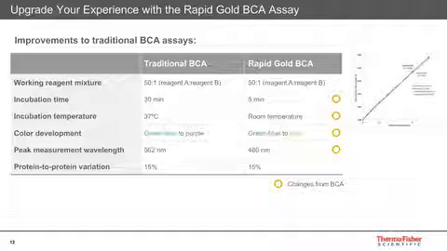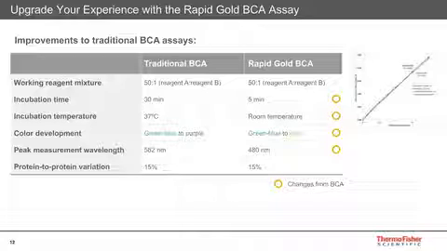The gold bullets in this slide show the difference between the traditional BCA and the Rapid Gold BCA. We kept the working reagent ratio the same, and we could get the same low protein to protein variability. However, as mentioned before, the time is reduced from 30 minutes to 5 minutes, and the temperature is reduced from 37 degrees C to room temperature.